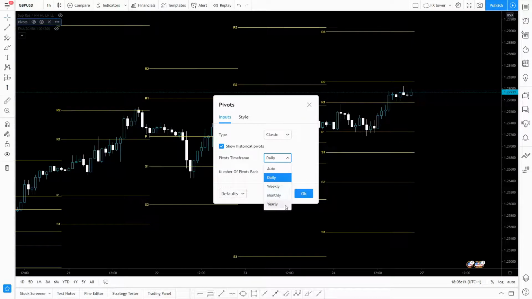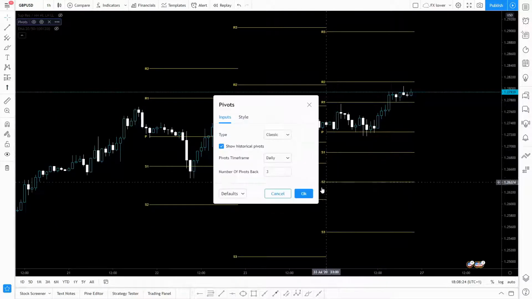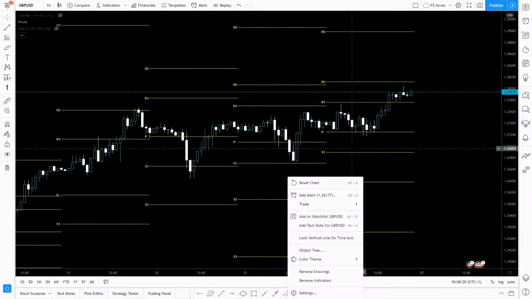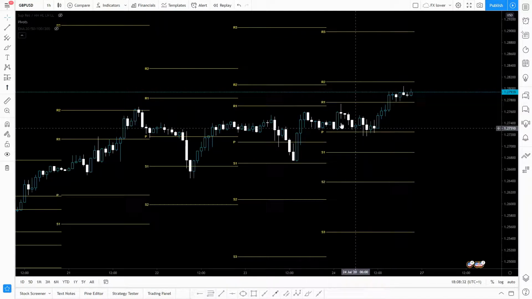I find them more effective. You can put yearly ones if you really want, weekly or monthly. Pretty much 3 is sufficient, but in this video, because I'm going to go back and backtest, I usually put down 3, so I've got 3 days worth of pivot points.